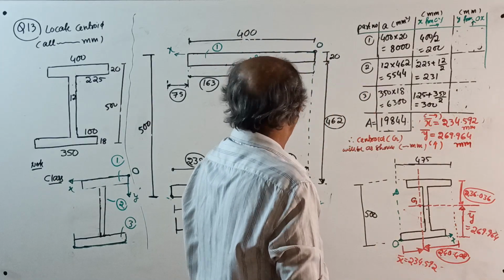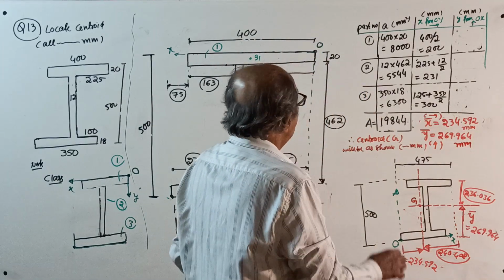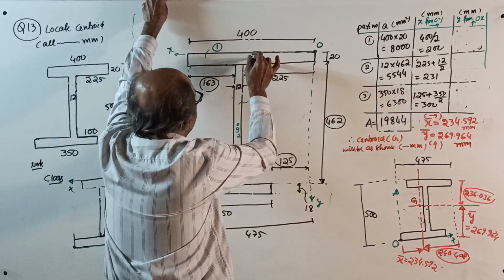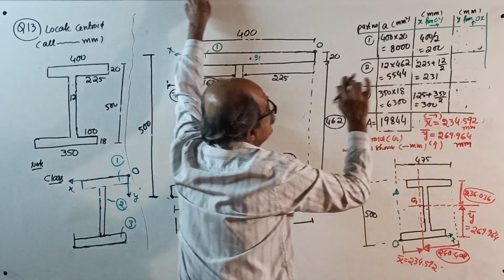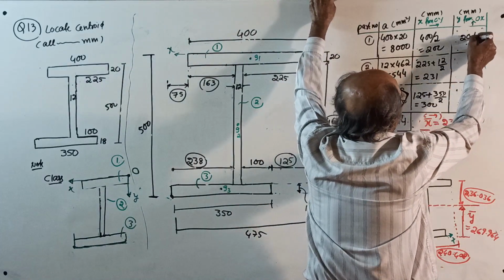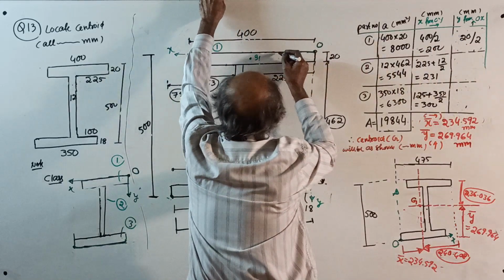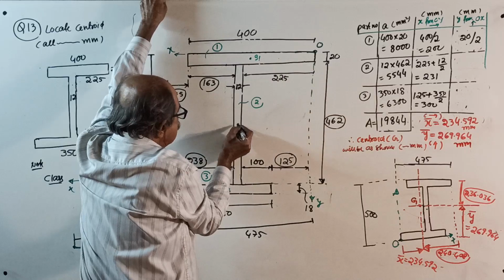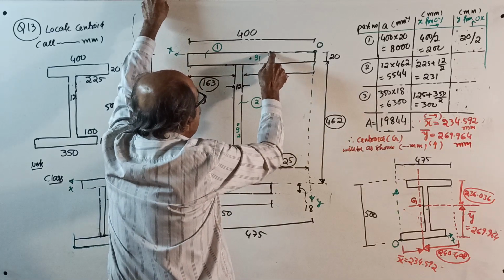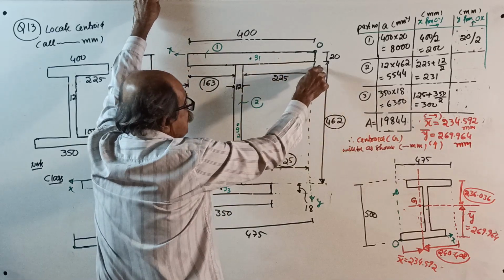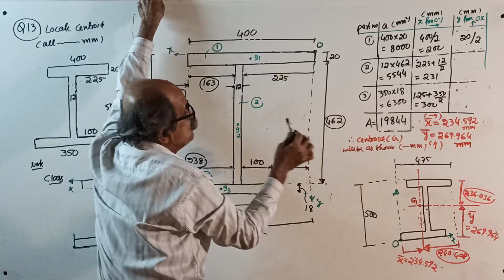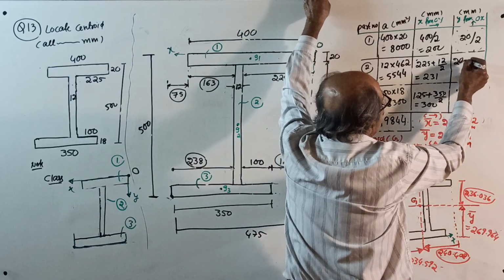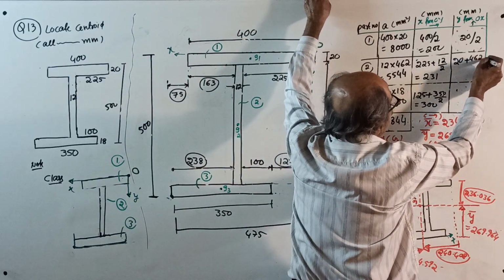Then the y distance. See from here, figure number 1, from here to the top, from here to here is 20 by 2. From figure number 2, from here to the centroid is 20 plus 462 by 2.